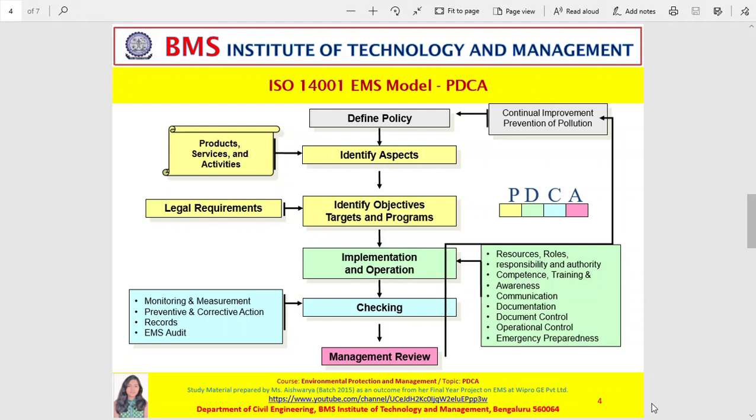This also provides the time frame in which the set objectives and targets are to be achieved. It is also important to clearly define the resources available, the roles of the respective persons, and define their responsibilities and authority.